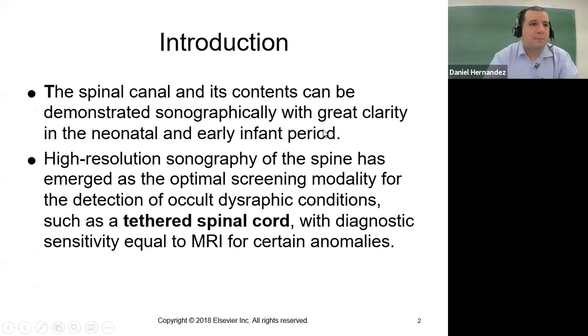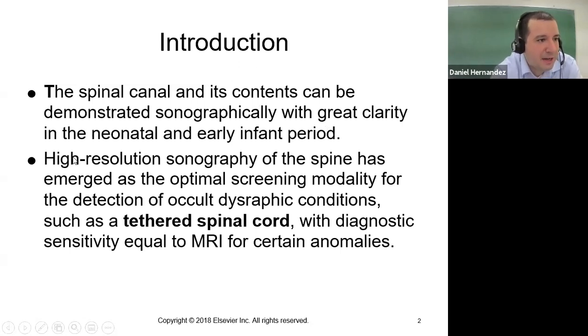These are structures that we can actually visualize quite clearly with ultrasound. We use our high frequency linear transducer, and we can get very detailed images for the neonatal spine and the early infant period. So these are newborn babies.